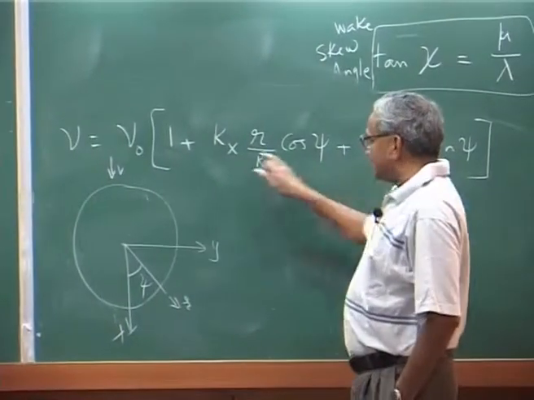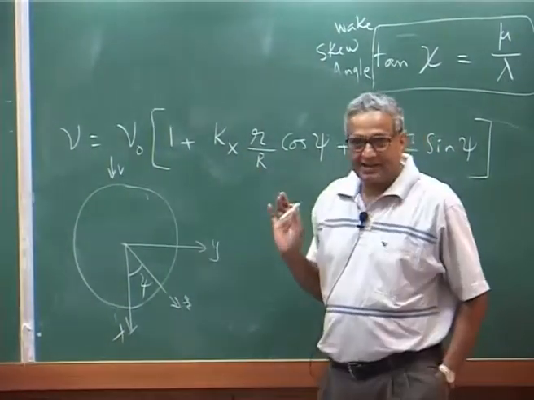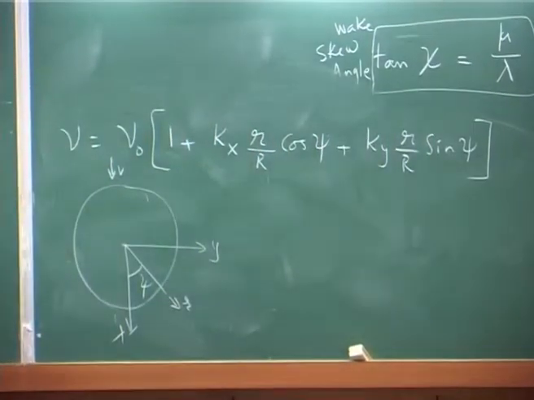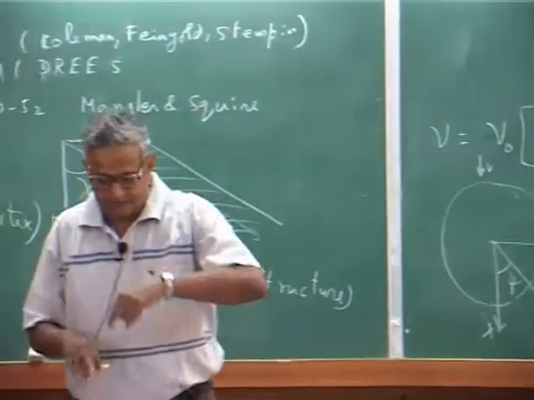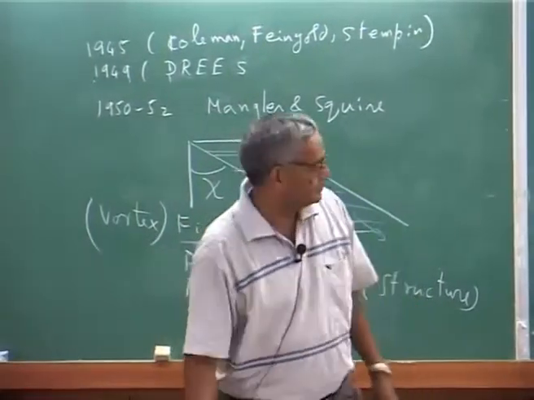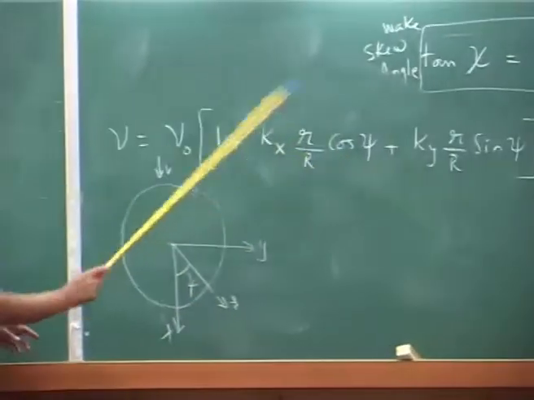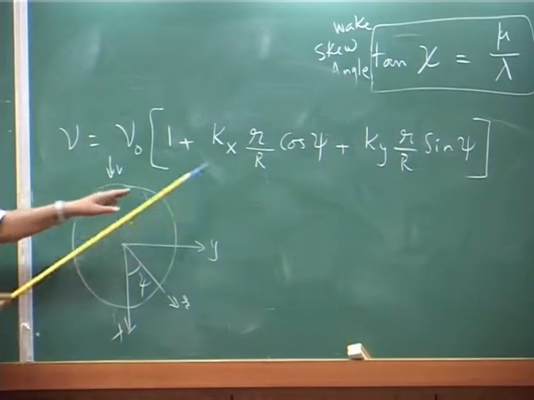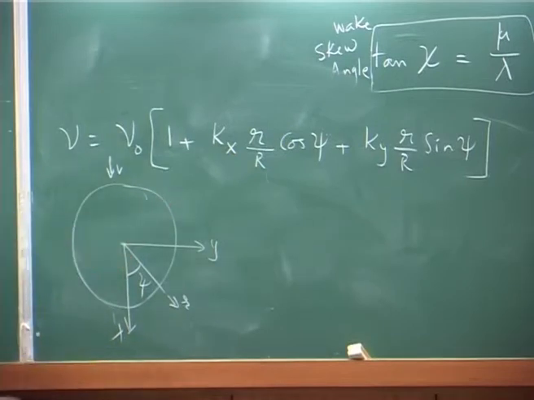These two quantities kx, ky represent essentially the variation with respect to r and psi. That is all. And what are these? This I will write. I wrote one of them, but I will give the other one just for reference. Okay.